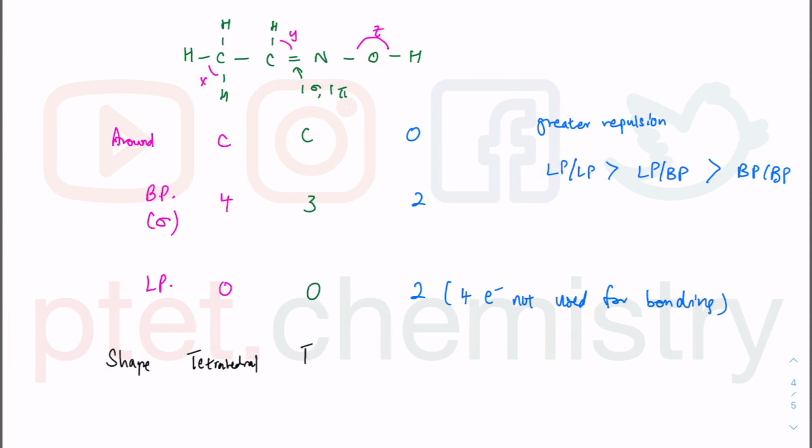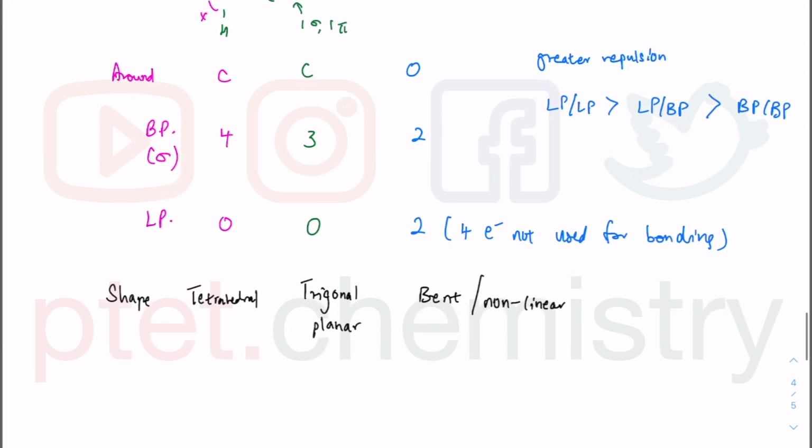And then the other one is going to be trigonal planar. Of course, all these things are actually running through your mind. So this is bent. Some books call it nonlinear, some books call it V-shape. I typically just use bent, and that has never created any problem for me.